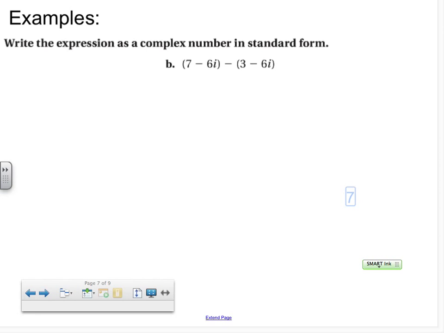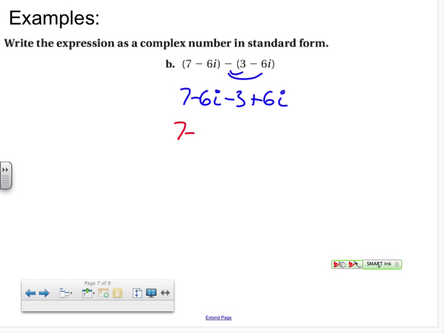Here's another example. Give it a try before I go through it. This time it's subtraction. When we were dealing with real numbers, we distribute the negative, and we can still do that. So we have 7 minus 6i, minus 3 plus 6i. Let's combine like terms, get the real components together and the imaginary components together.